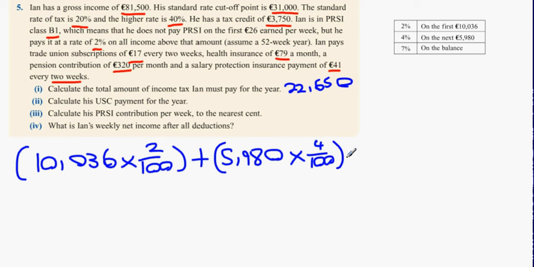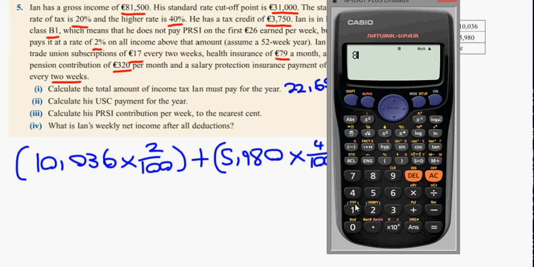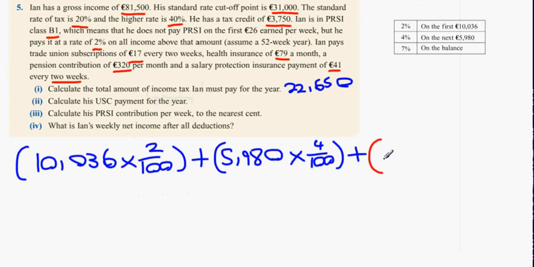And then finally, we're going to add on 81,500, because it's 81,500 that you earn. The first 10,036 is taken into account, minus 5,980, and what we get here is 65,484. That gets multiplied by 7%.